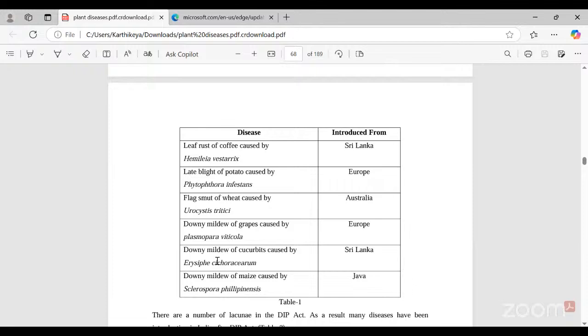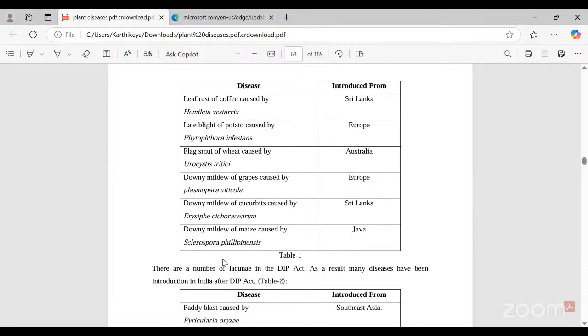Downy mildew of grapes caused by Plasmopara viticola, Europe. Downy mildew of cucurbitaceae caused by Erysiphe cichoracearum, Sri Lanka. Downy mildew of maize caused by Sclerospora philippinensis, Java.